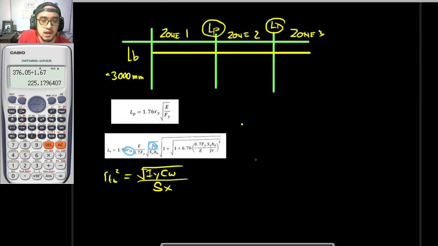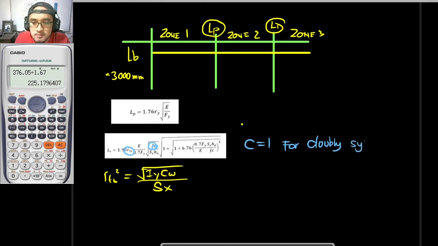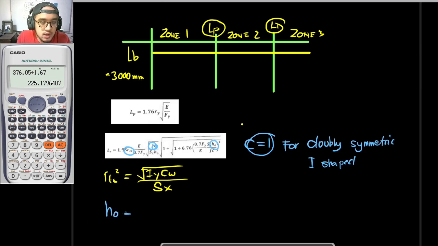The value of C is equal to 1 for doubly symmetric I-shaped sections. Since your wide flange is I-shaped, we would be using C equal to 1. As for our HO, it is actually equal to the distance between the centroids of both flanges.